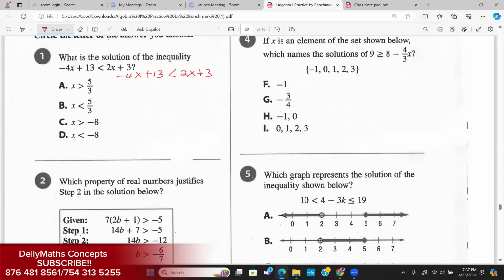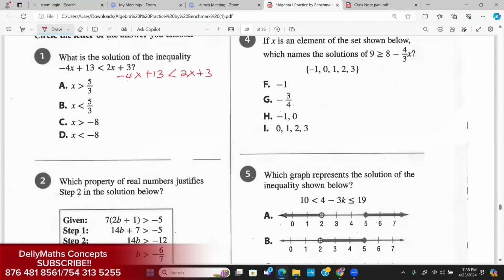Solving an inequality is the same as solving an equation. There is only one thing we need to know: if we multiply or divide by a negative number, we flip the sign. Apart from that, we use all the same properties.